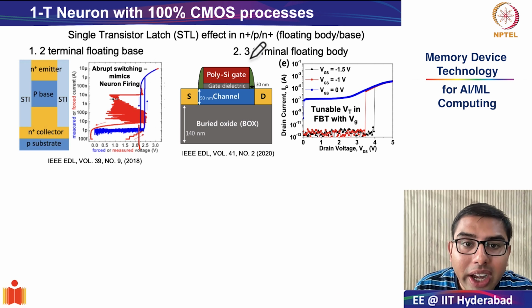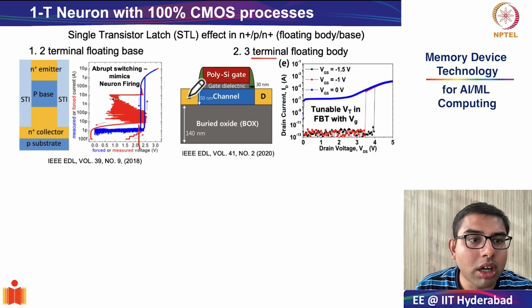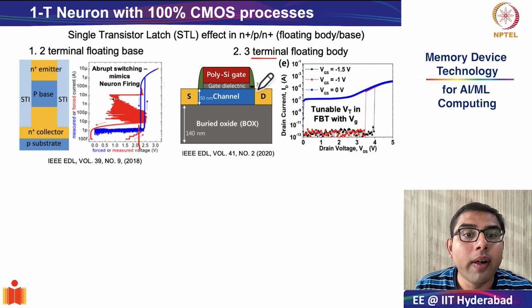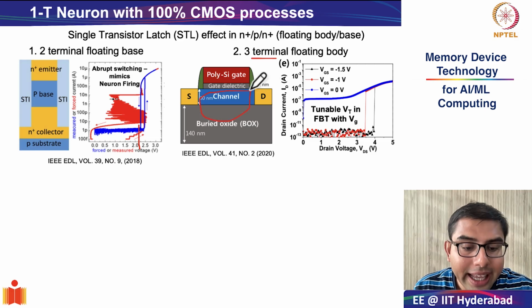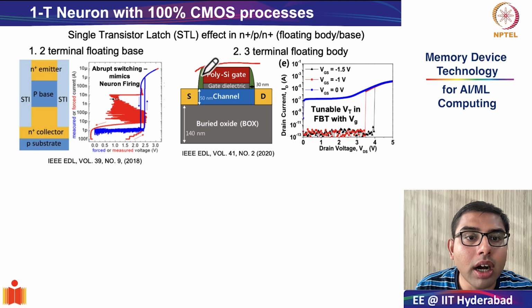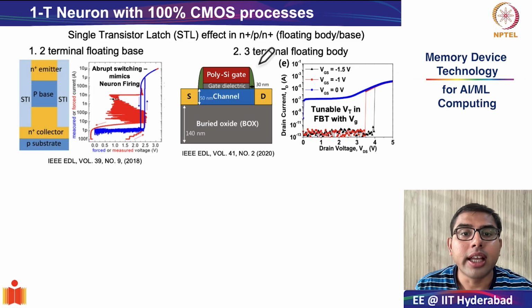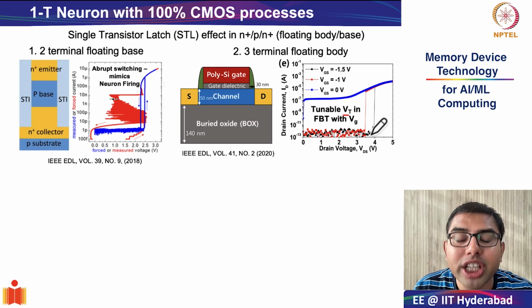Now, in the 3-terminal device, we have the same structure, N plus P N plus junction, but now the floating base over here, or the floating body, is being gated by a third terminal. And this gating from a third terminal gives you a lot of tunability in fixing the threshold voltage of firing.